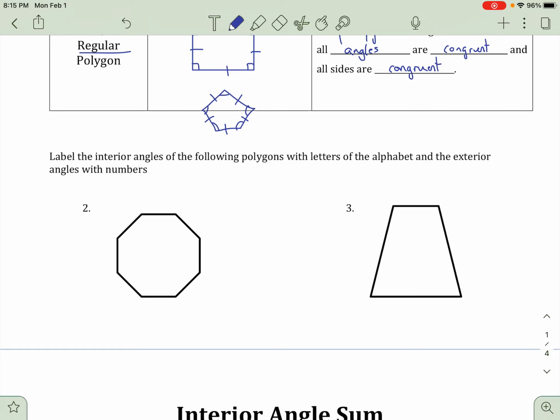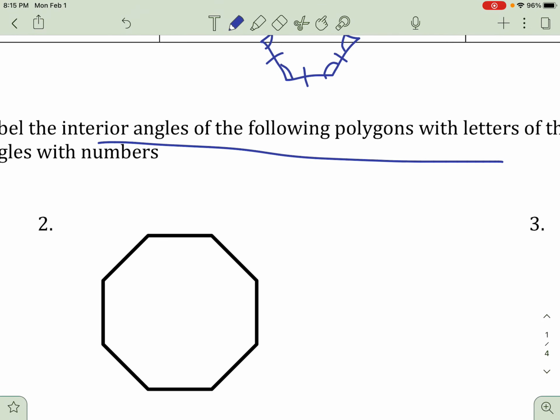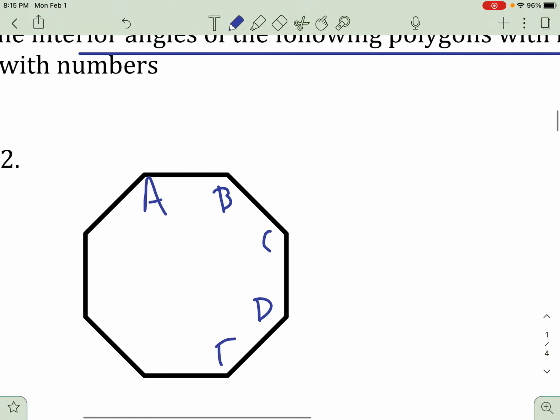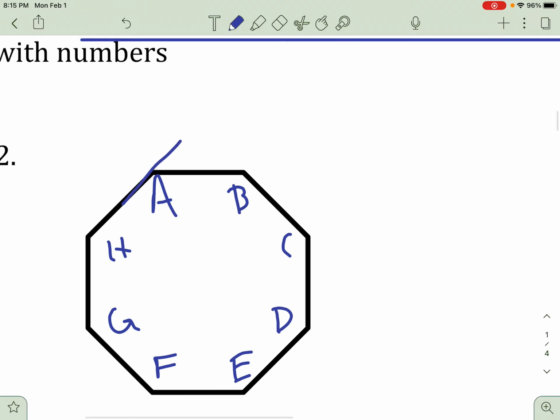Okay, all right, so we're going to label the interior angles of the following polygons with letters of the alphabet and the exterior angles with numbers. So just making sure that you know what we're talking about. So interior angles with letters, well, that's these inside. And then exterior angles are, of course, to the outside.